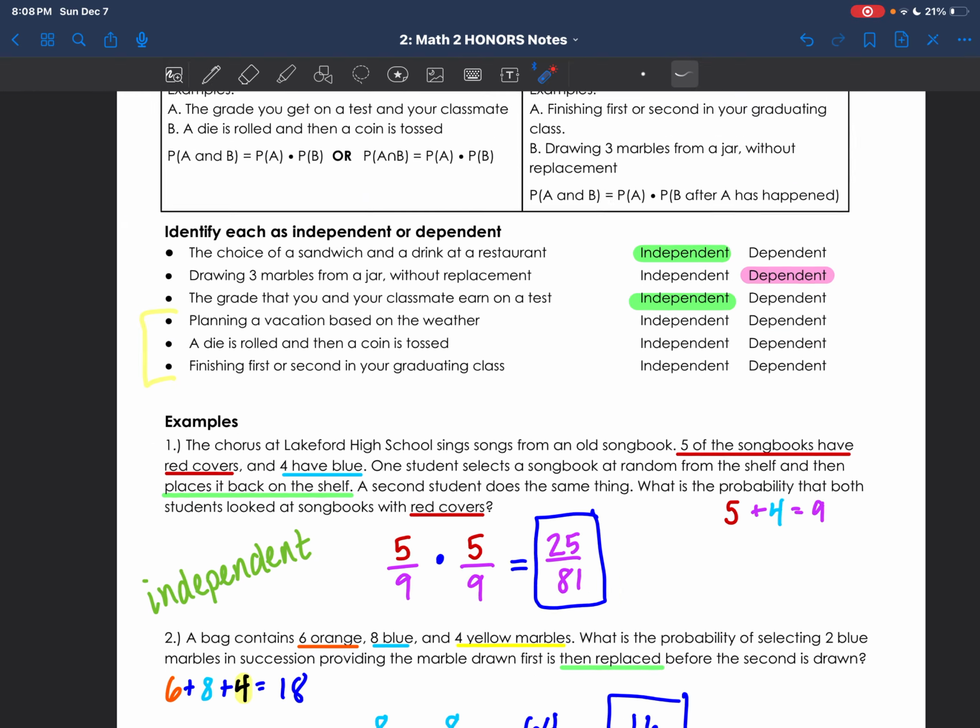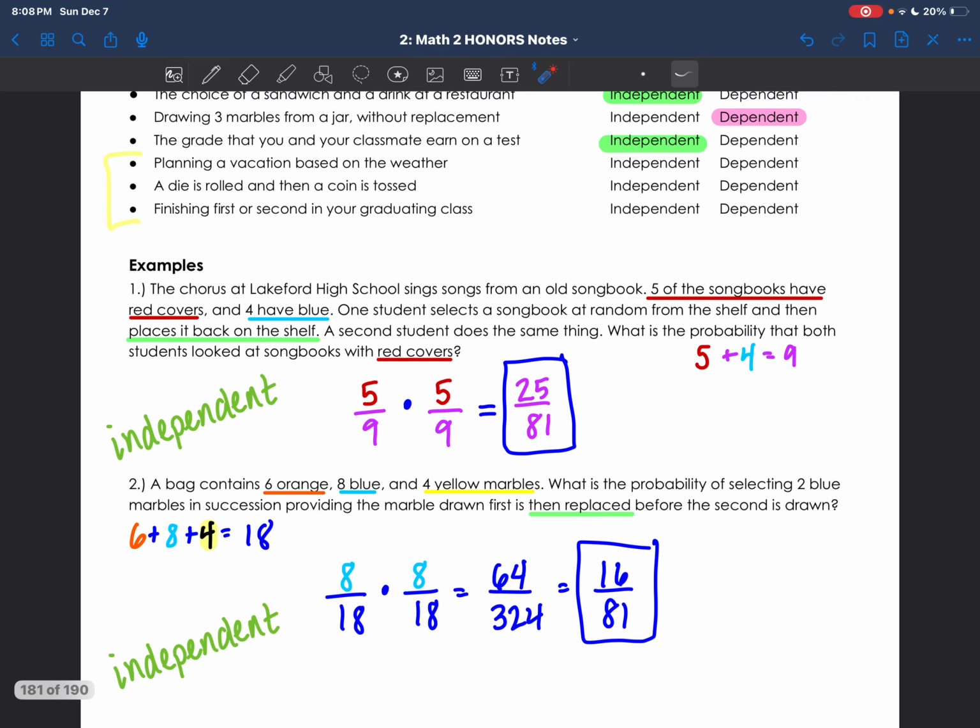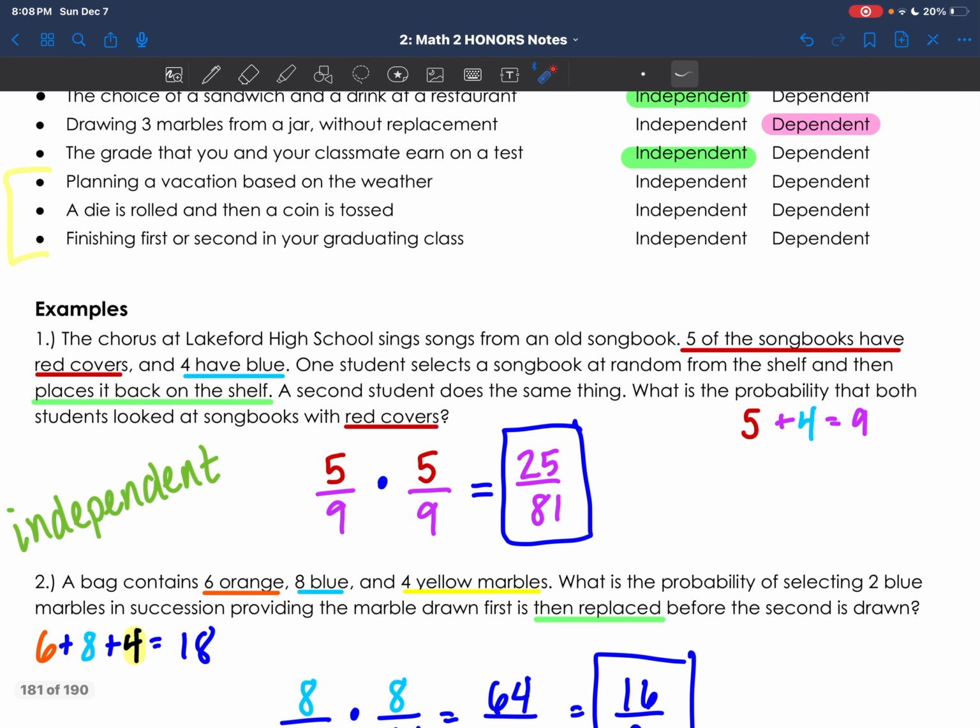And now let's start doing some examples. The chorus at Lakeford High School sings songs from an old songbook. 5 of the songbooks have red covers, 4 have blue. One student selects a songbook at random from the shelf and then places it back on the shelf. A second student does the same thing. What's the probability that both students looked at a songbook with red covers?